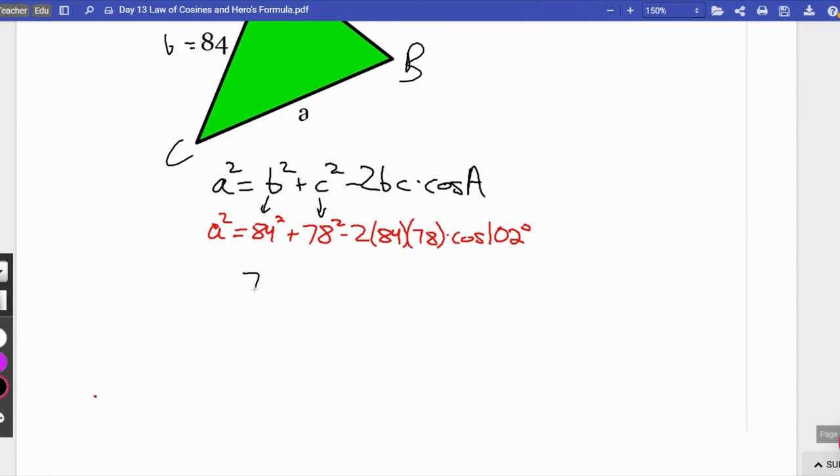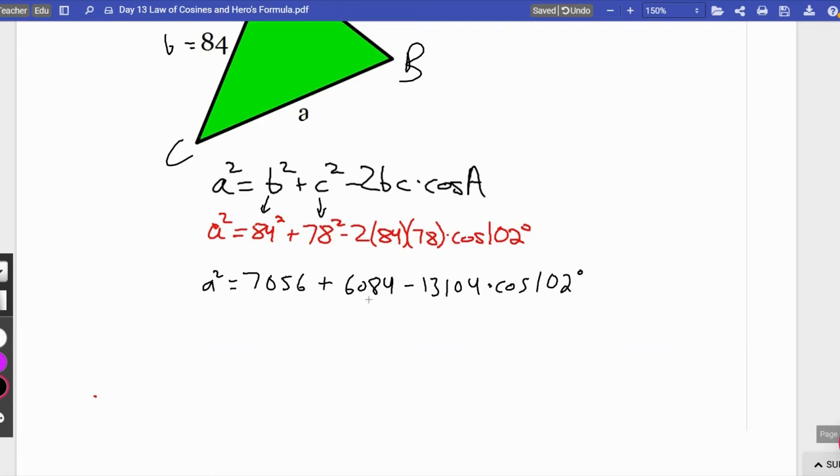I get some big numbers here. 7056 plus 6084 minus 2 times 84 times 78. This is 13104 times cosine of 102 degrees. And that's what A squared is equal to.